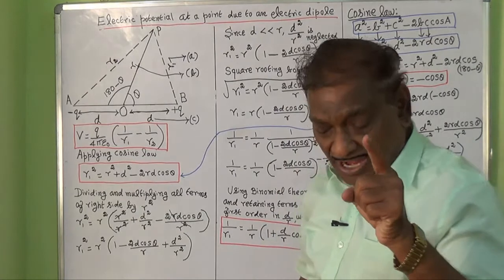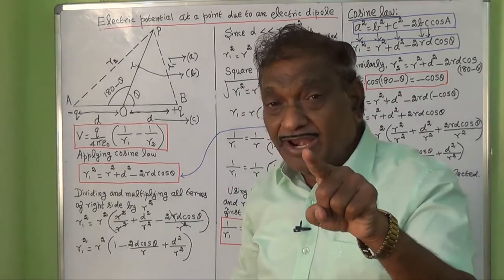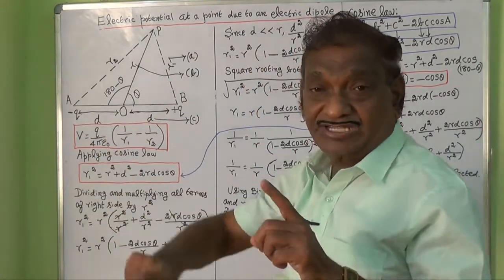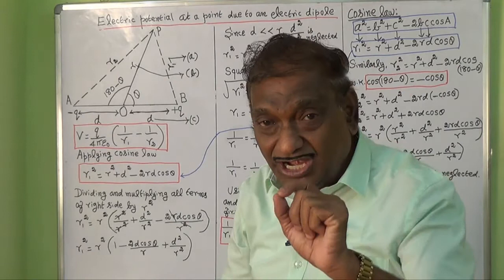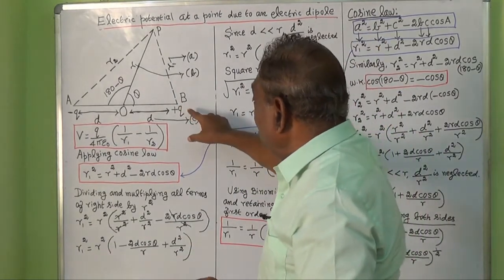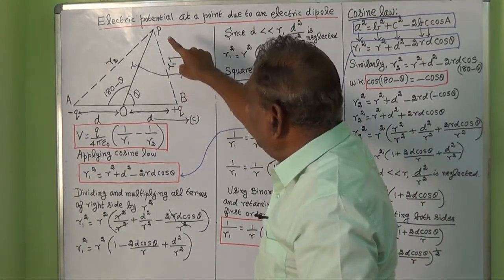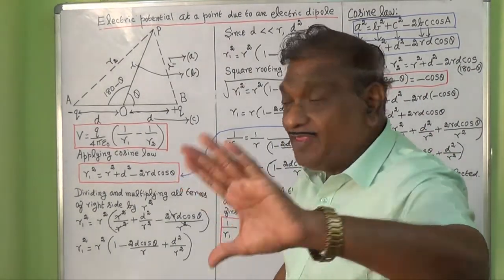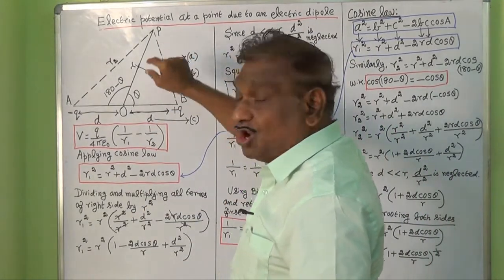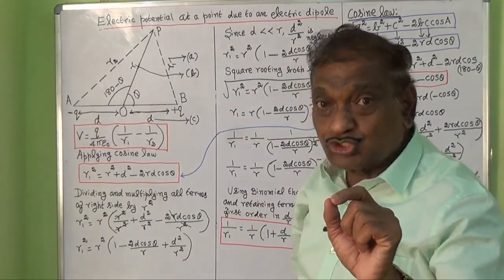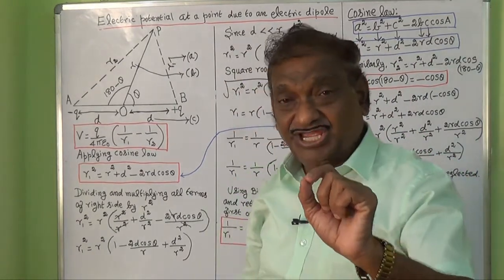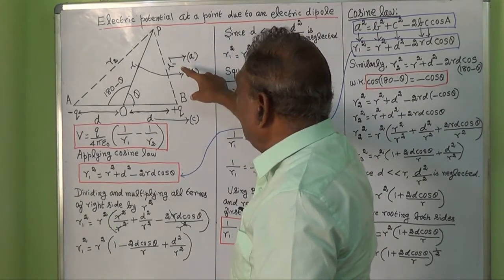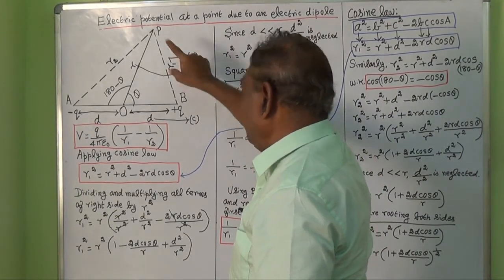Why should we find the distance R1 when r and d are given? Because there will be potential due to the charge. This charge will provide the potential at point P. The center of the dipole will not provide the potential. The charge will provide the potential, so we need the distance between the charge and the point P. That is, we need the distance R1.